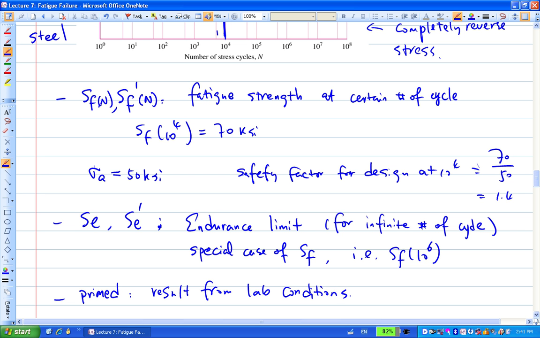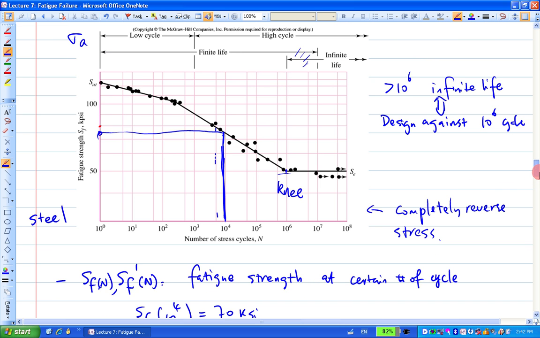Lab condition means the part has to be manufactured exactly to this size, the surface has to be machined exactly to a certain condition, and the temperature has to be at a certain condition. So it's like this graph here. They didn't have a prime here, but let's say this is basically obtained from lab experiments. So that's prime.